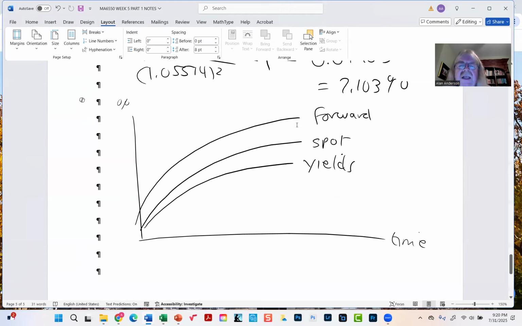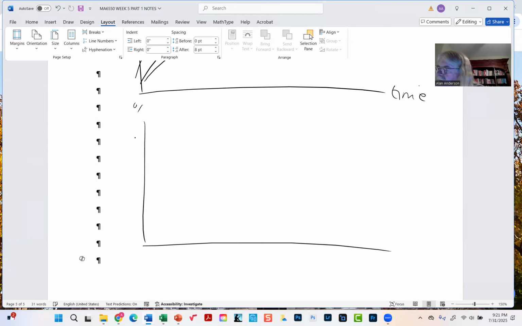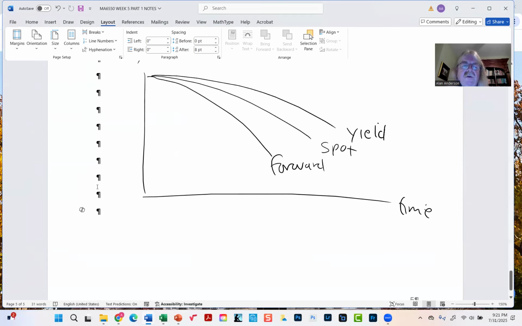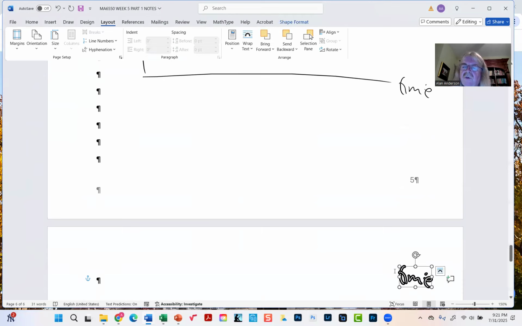If the yield curve is sloping downward, then it works in reverse. Now, of course, that's probably a little exaggerated, but you get the idea. They're all going down together, although the forward rate is going more quickly. And then if the yield curve is flat, then they're all going to be flat.